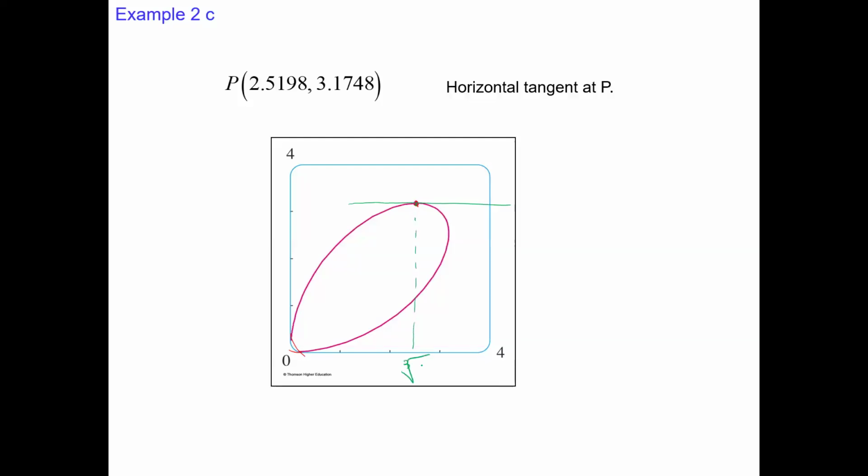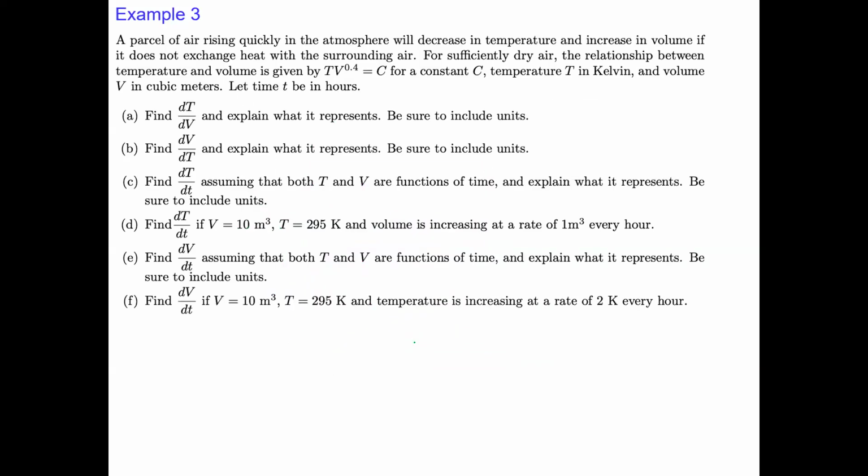The x value is cube root of 16, and the y value is cube root of 16 squared over 2. Beautiful. Yes, we know the concept. That's everything, and I have one more question, just to finalize this introduction to implicit differentiation. You can check the other questions and practice.